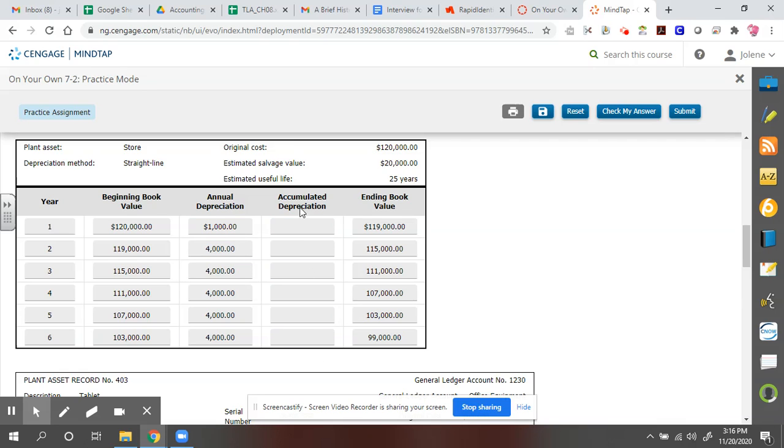Now, the accumulated depreciation. In the first year, we only took off $1,000. But the second year, we've taken off 1,000 plus 4,000, which makes it 5,000. The third year, we took off 5 plus 4 makes it 9. 9 plus 4 gives us 13. 13 plus 4 gives us 17. 17 plus 4 gives us 21.